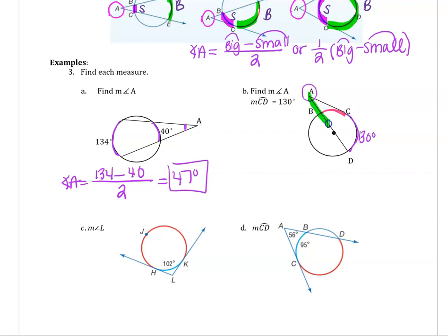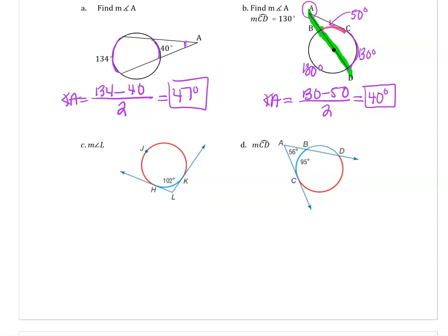If you focus on the secant, you'll notice that it creates a diameter, which means that these must sum to 180 degrees. So that means that arc BC must be 50 degrees. So with that being said, angle A equals the big arc minus the small arc divided by 2, and you would get 40 degrees.